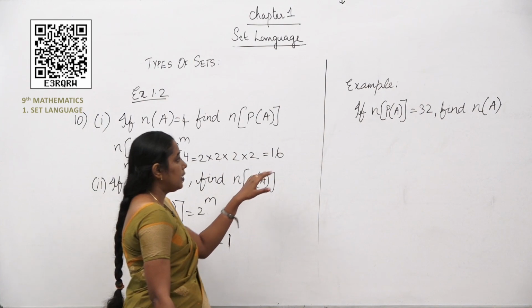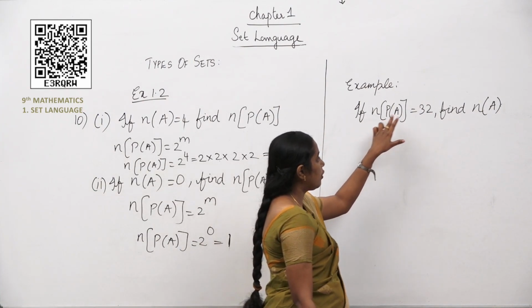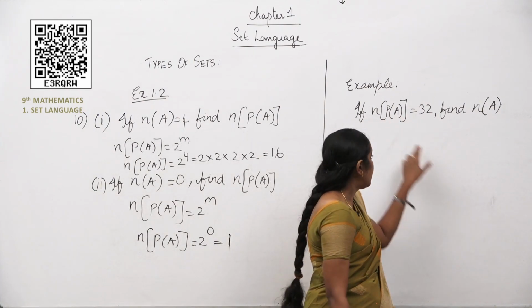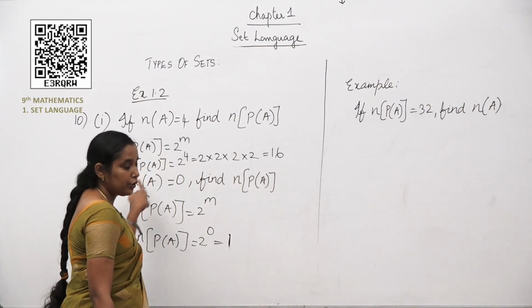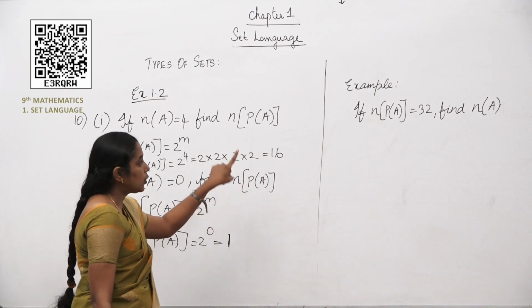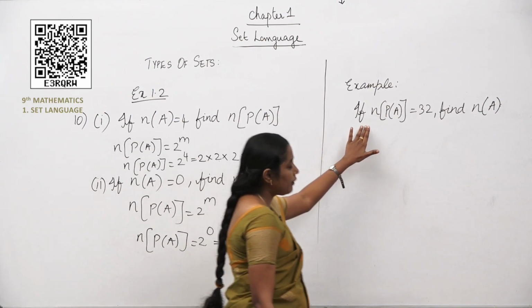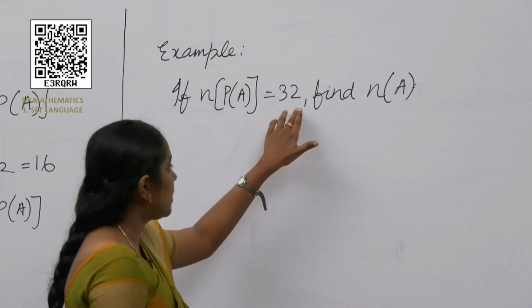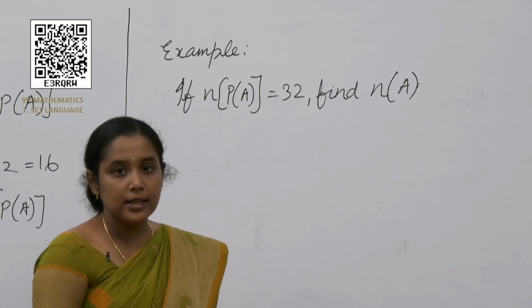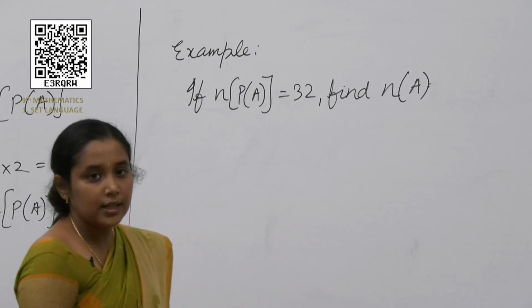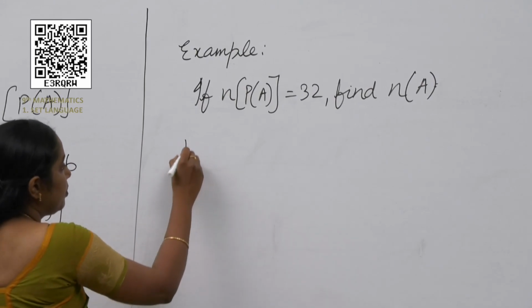So next example. If n of P of A is equal to 32, find n of A. So see the difference here: earlier n of A was given and you found n of P of A. So here what is given? Number of elements in the power set is given, that is equal to 32. You have to find out the number of elements in the set A. So what is n of P of A?